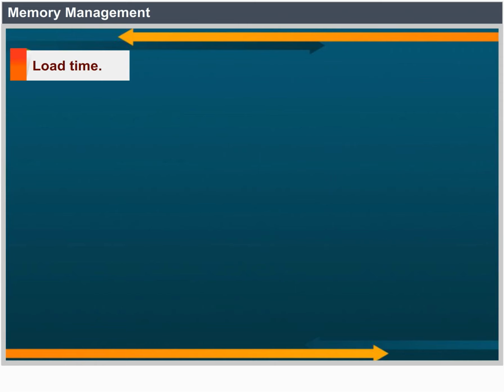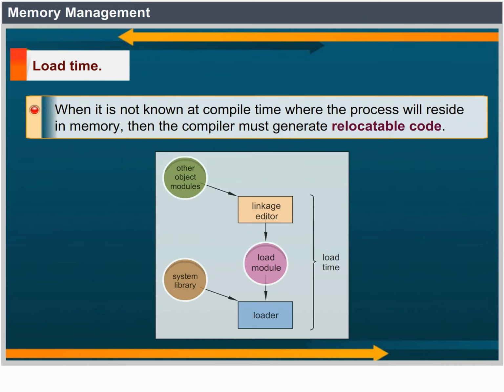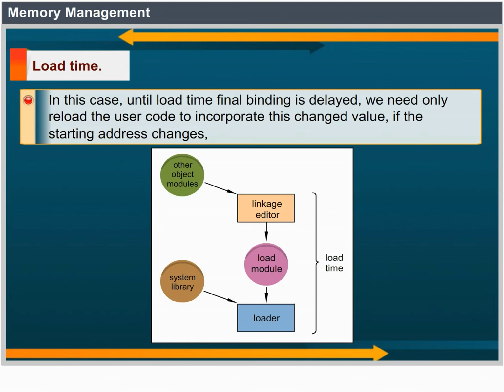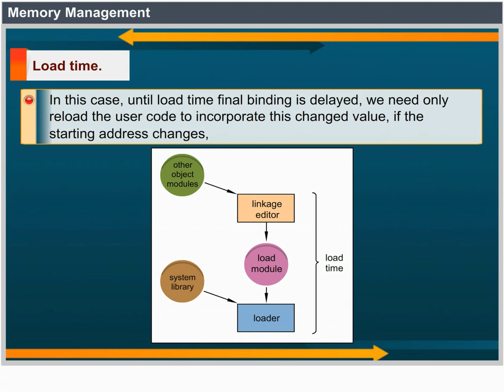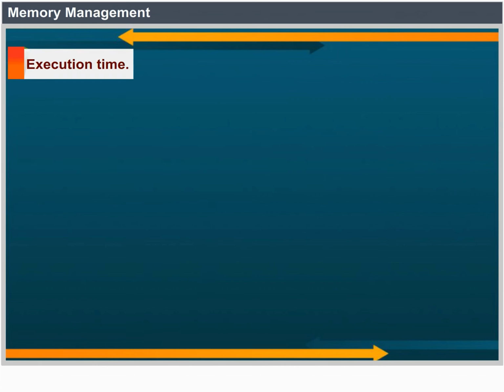Load time. If it is not known at compile time where the process will reside in memory, then the compiler must generate relocatable code. In this case, final binding is delayed until load time. If the starting address changes, we need only reload the user code to incorporate this changed value. Execution time.